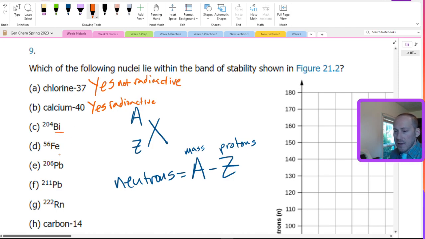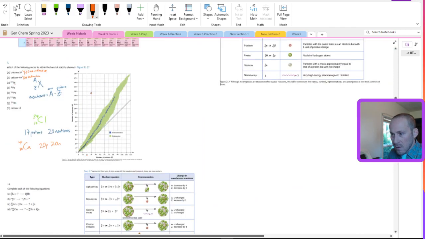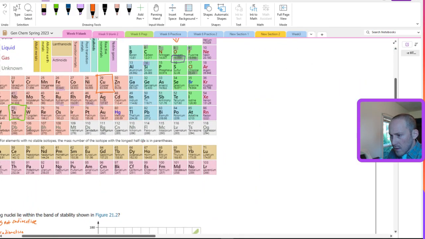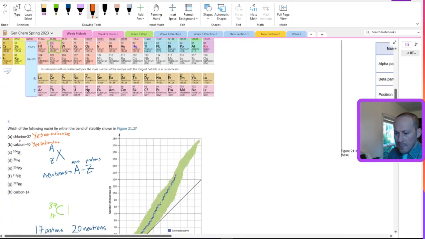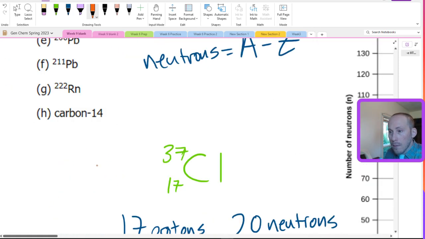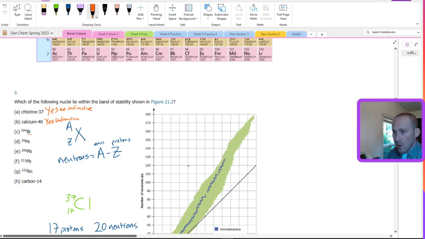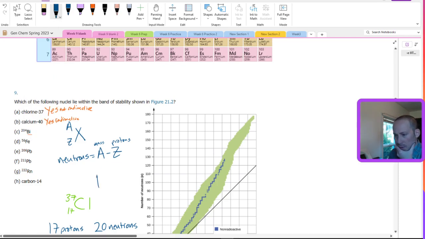Okay, how about bismuth 204? Let's find bismuth. Bismuth's right here, 83. Okay. And we're looking for bismuth 204. Bismuth in blue, I suppose. So, got our bismuth.